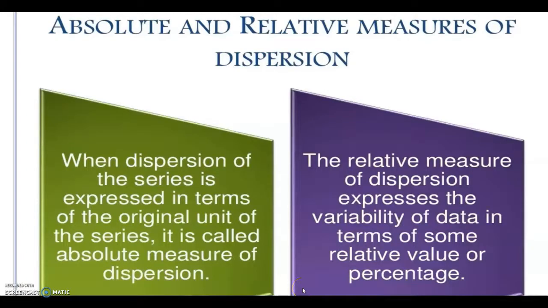And there are two types of dispersion, absolute and relative measures of dispersion. When dispersion of the series is expressed in terms of the original unit of the series, it is called absolute measure of dispersion.